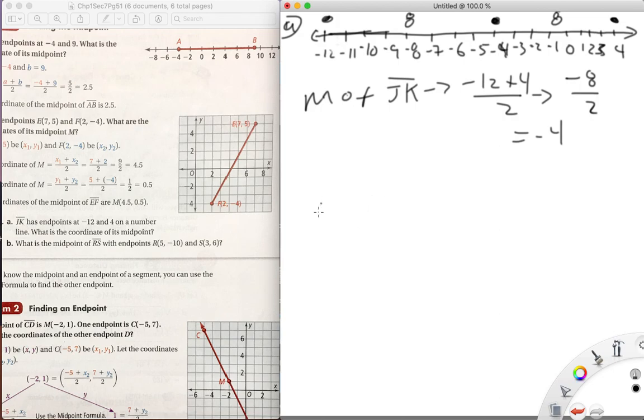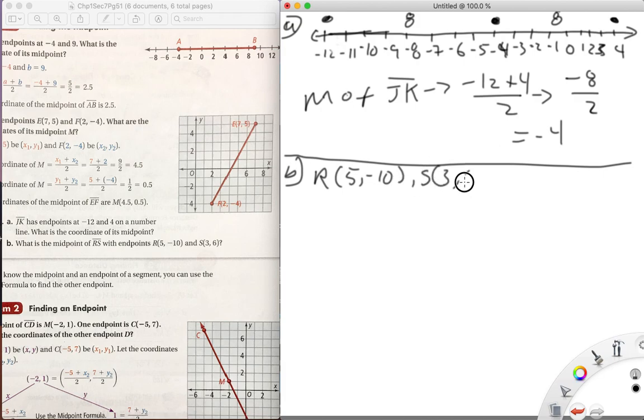If we had a coordinate plane and we had to find the midpoint, we're given that R is 5, -10, and S is 3, 6.